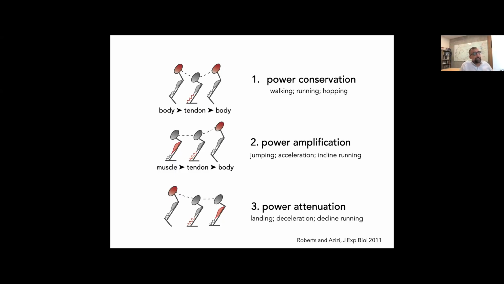So in power attenuation, what we really get is a flow of mechanical energy that goes from the body. So the mechanical state of the body is quite high to start with. As the person, let's say, lands, that energy goes into the tendon before the tendon actually does work back on the muscle. You may think, okay, well, why can't the muscle do that directly? It can.